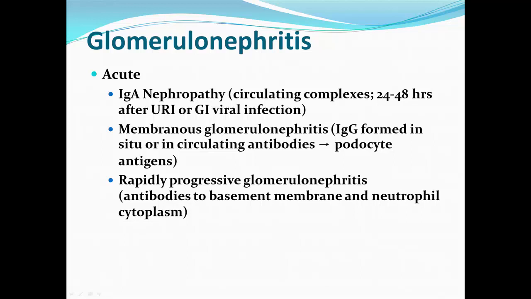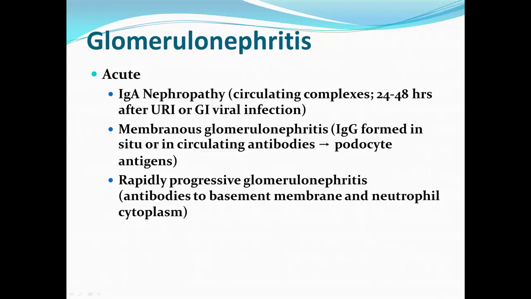This is due to circulating complexes that present themselves to the glomerulus. Part of those complexes is the IgA, as opposed to an IgM or an IgG or an IgE. This is much more common in children and generally occurs 24 to 48 hours after either an upper respiratory infection or a GI viral infection.